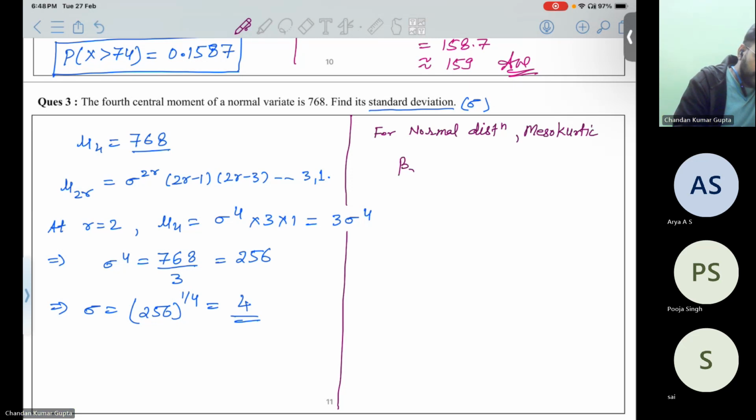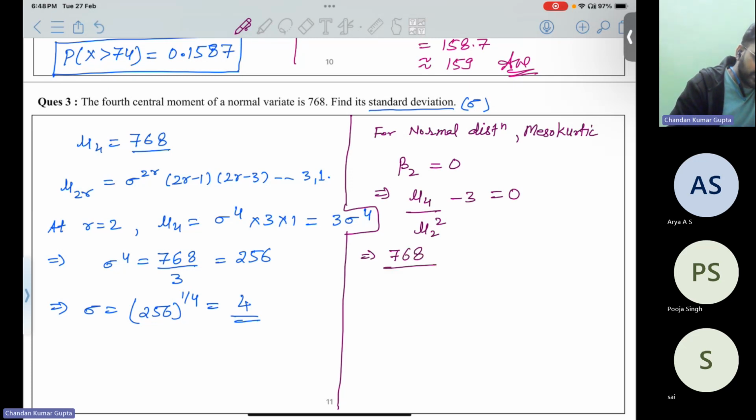That means beta 2 equal to 0. That means what? Mu 4 upon mu 2 square minus 3 equal to 0.